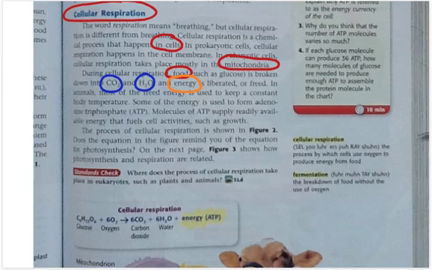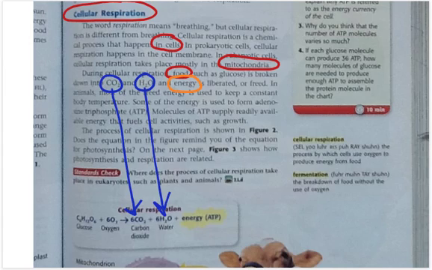Okay? The process of cellular respiration is shown in Figure 2. Does the equation in the figure remind you of the equation for photosynthesis? Yeah, we'll talk about that later. So if you see the equation down here, you'll see there's the CO2 right here and the water right here.